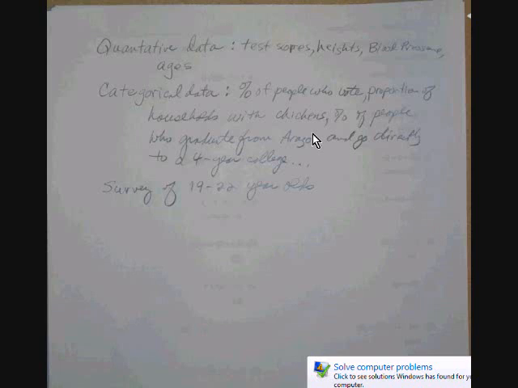So if I just said the number of people who vote, would that be quantitative? No, I would analyze that as a proportion and not as a raw number. Because that number doesn't vary.